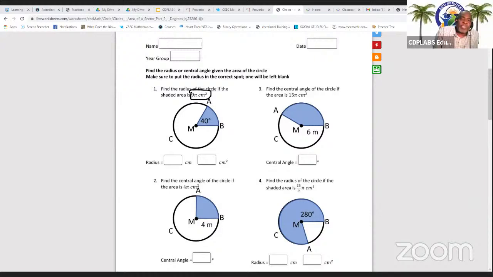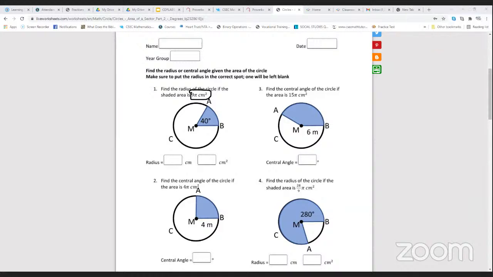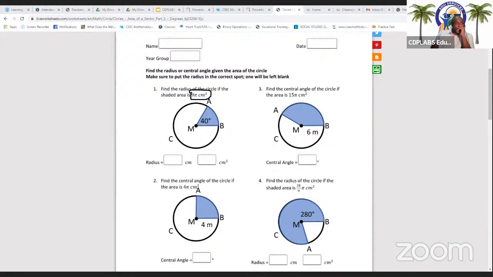Any ideas? Sir, would you times the area times 40 over 360? 40 over 360.